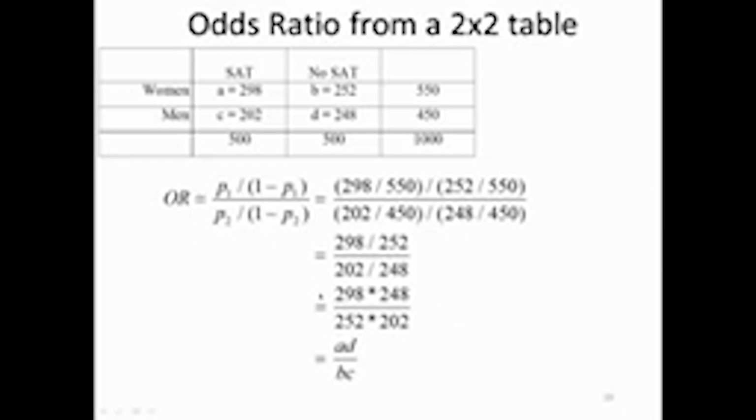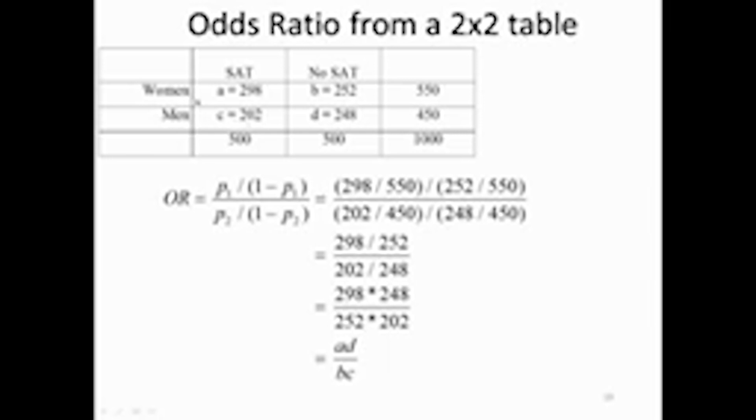If OR is equal to 1, there is no difference in risk between group 1 and 2. If OR is less than 1, there is lower risk in group 1 when compared to group 2. In this example, P1 is the proportion of women who received SAT, P2 is the proportion of men who received SAT. Understand?